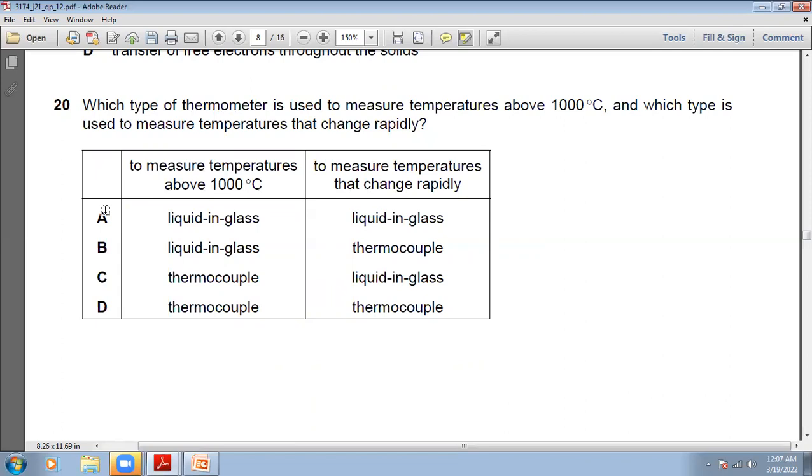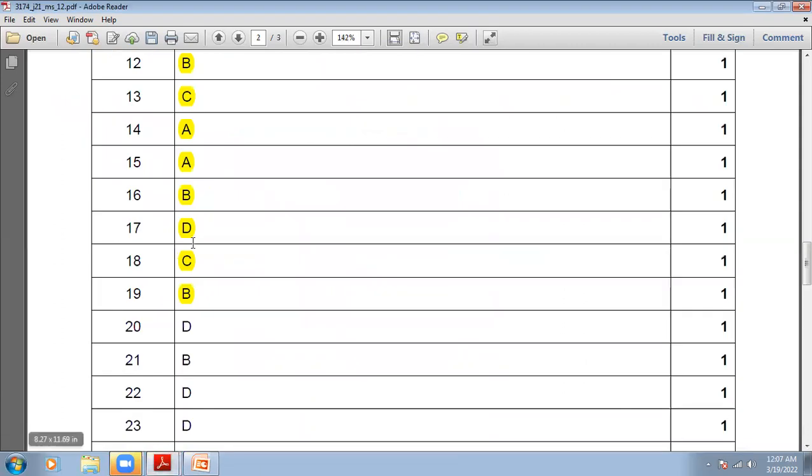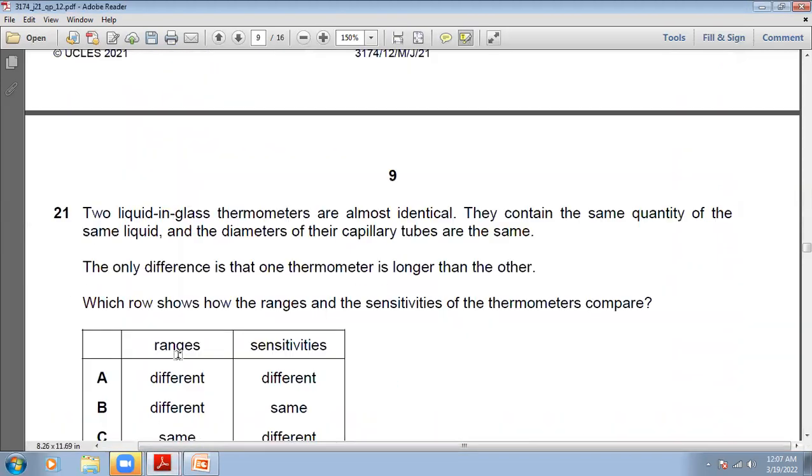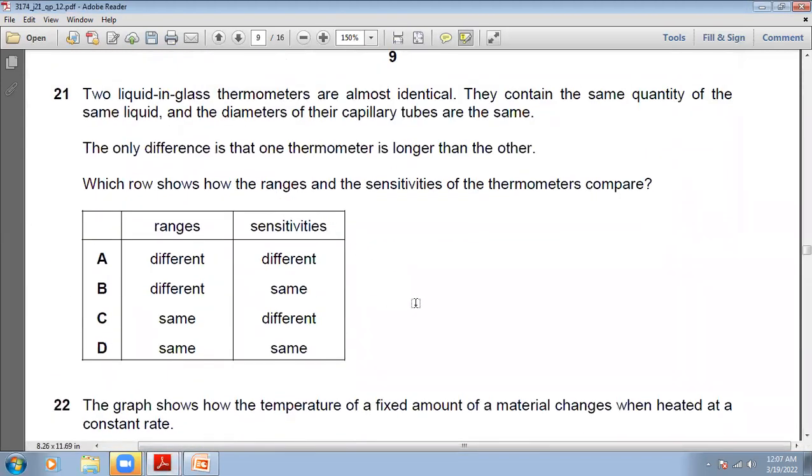And if you want to measure temperatures which are changing very rapidly, the best available choice will be a thermocouple. So for all the cases we are going to use the thermocouple. So I think D is the right option. Question number 20, D is the right option.